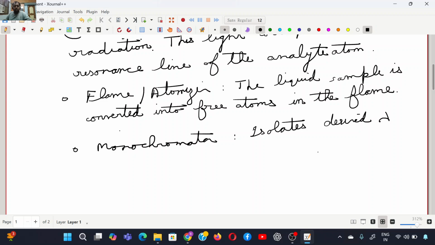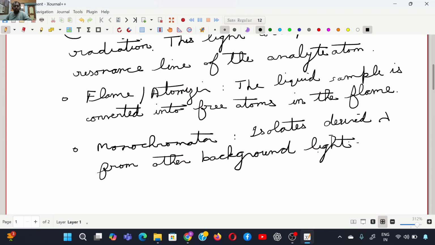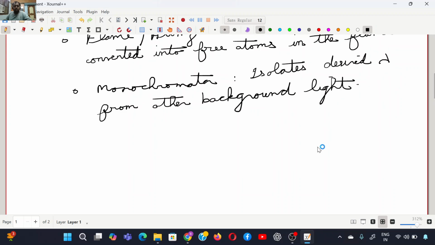Lambda is the wavelength. Next step is what we know as the detector. It measures the reduced intensity of radiation after absorption by the atoms in the flame.